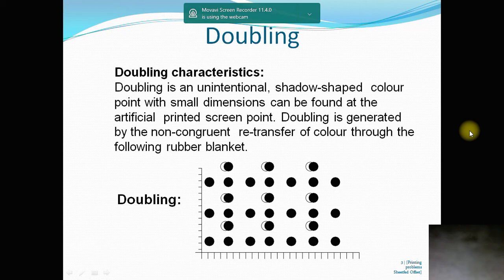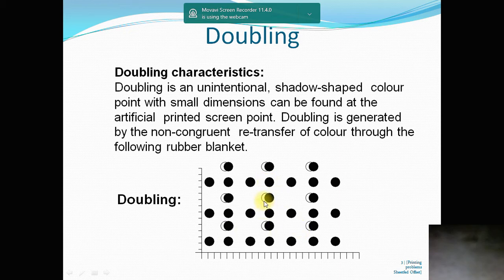See, if you observe this figure, if it is in color mode you can easily find it, but here it is a black and white example. See, here a shadow-like area has been printed. Here also, like that in here. So this is the problem of doubling.